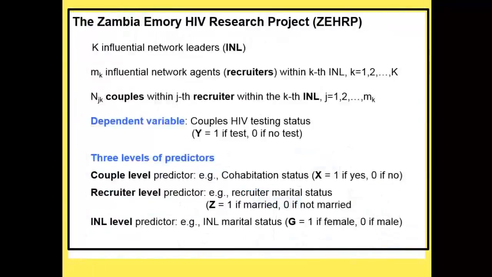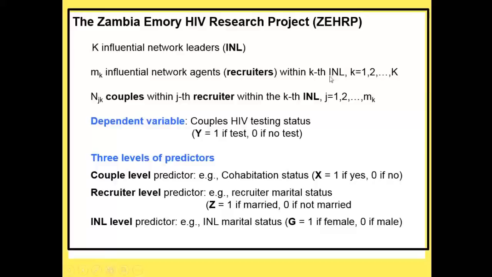Now, the number of influential network leaders was K. That's just some notation. There were K influential network leaders, and there were M sub K influential network agents, or recruiters, within the Kth INL.